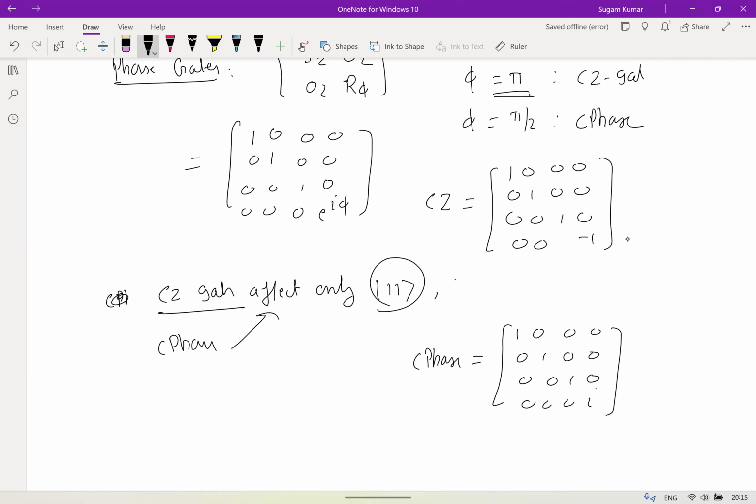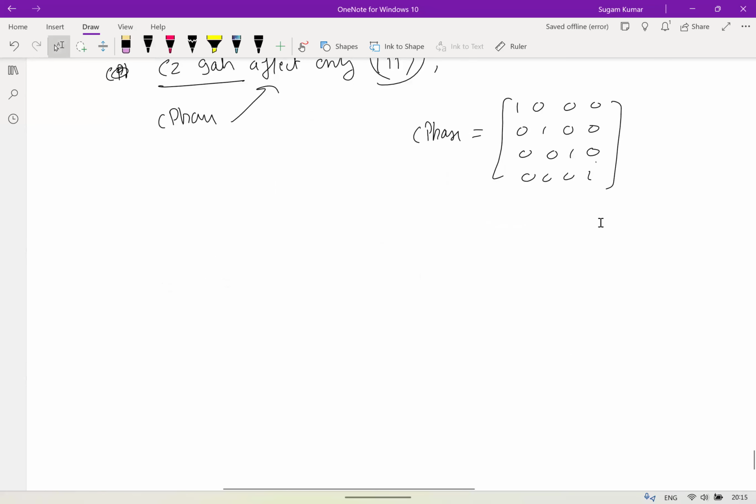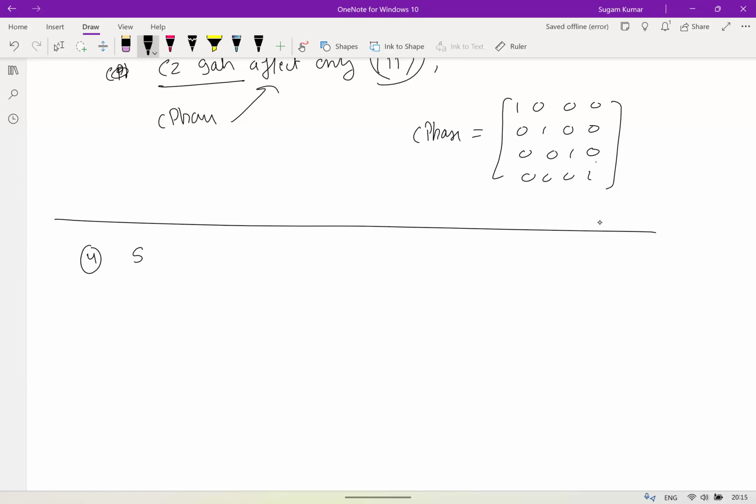I'm moving a little faster just to make sure that we finish our gates today. The fourth one is another very important gate, called the swap gate. Swap gate means, if you have, let us say, qubit 1, qubit 2, qubit 3, qubit 4, and qubit 5.